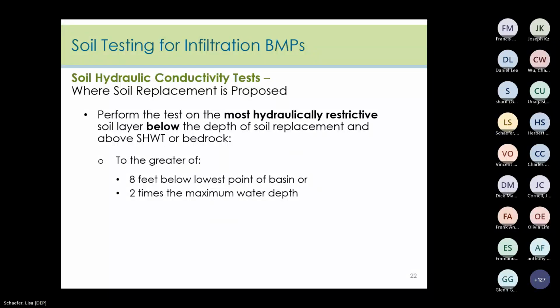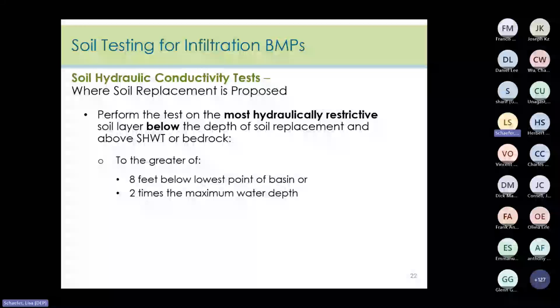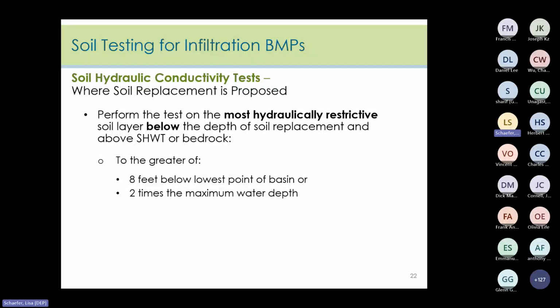So note that the depth requirement of whichever is greater, 8 feet or twice the maximum water depth, is measured from the lowest point of the basin bottom or from the bottom of the soil replacement, whichever is deeper into the earth. Very often, we've seen that the soil hydraulic conductivity test is performed at the top of the soils to be replaced, but doesn't include the depth of the replacement, and that is the wrong place to do this testing.